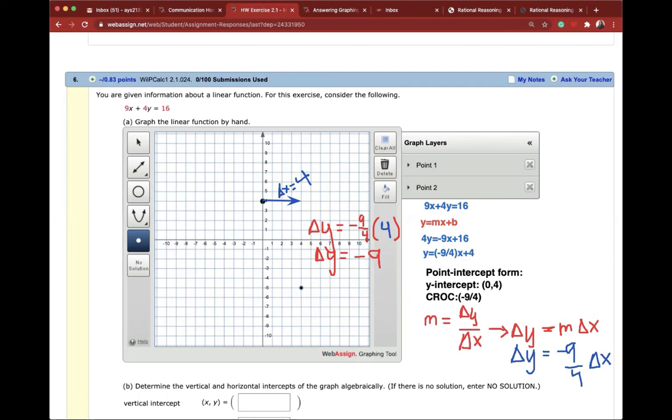So when my change in x is 4, my change in y is a decrease of 9, and that's technically what we got: 1, 2, 3, 4, 5, 6, 7, 8, 9.